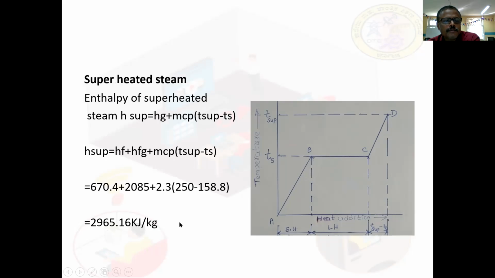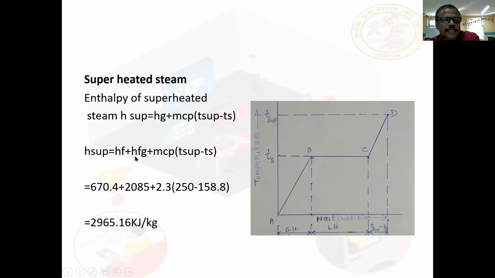Next, we are finding for superheated steam. Enthalpy of superheated steam, H superheated is Hg plus mCp into T superheated minus Ts. Hg is enthalpy of the dry steam, that is Hf plus Hfg.